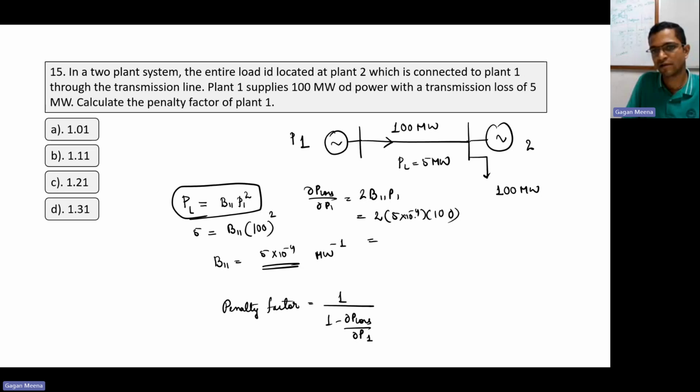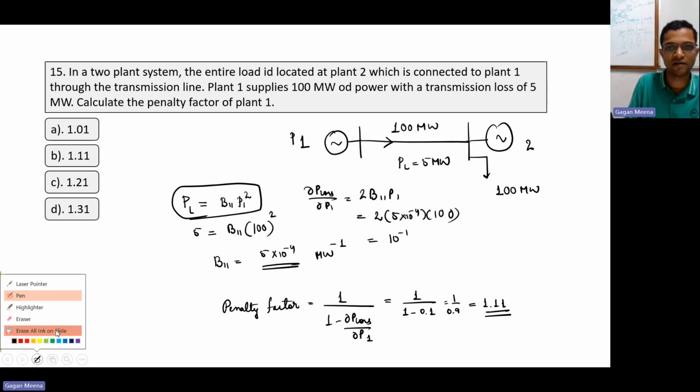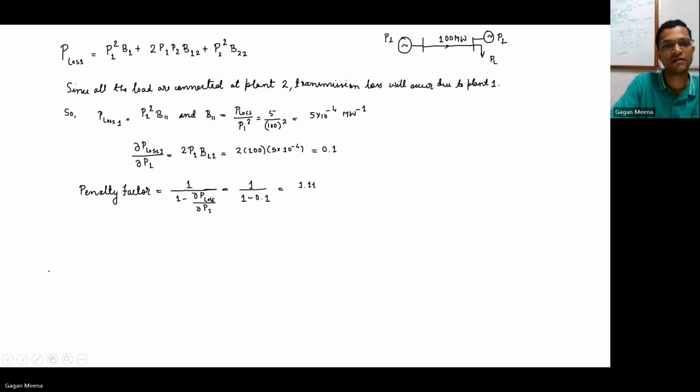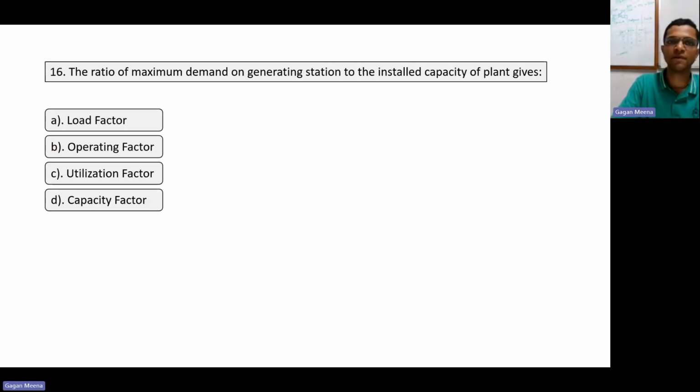This becomes 10 to the power minus 1. This will be 1 upon 1 minus 0.1, which is 1 divided by 0.9. This becomes 10 by 9, which is equal to 1.11. And the answer B will be correct here. Correct. Now the ratio of the maximum demand to the installed capacity.